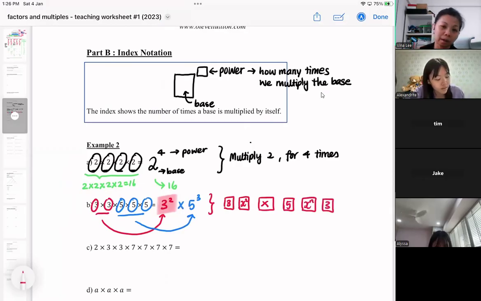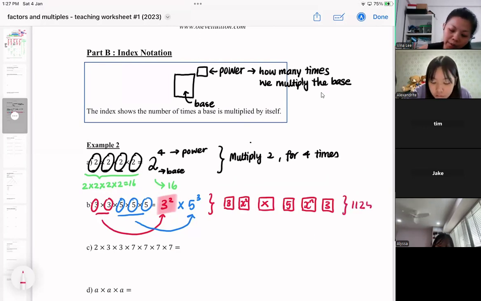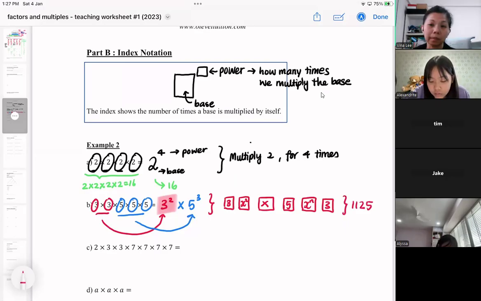You try pressing it out. Use the new button that you learned. If nothing goes wrong, you get 1125. Okay, so that is the power button and the square button.